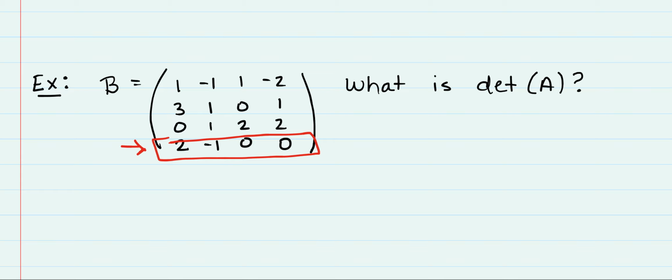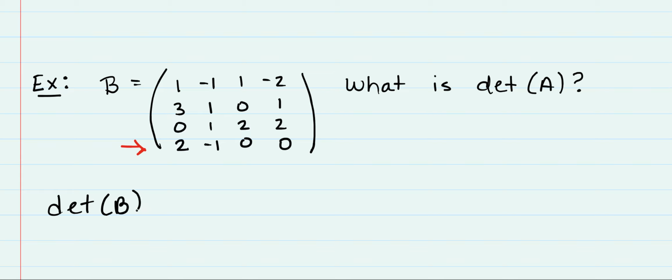Okay, so let's get started. The determinant of B is equal to, we start with this 2 times negative 1. Now this is the entry A, 1, 2, 3, 4, 1.